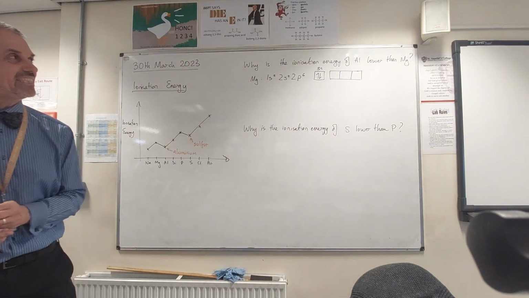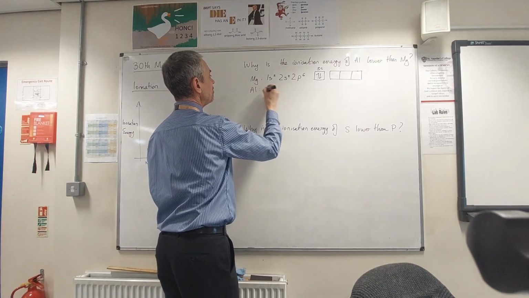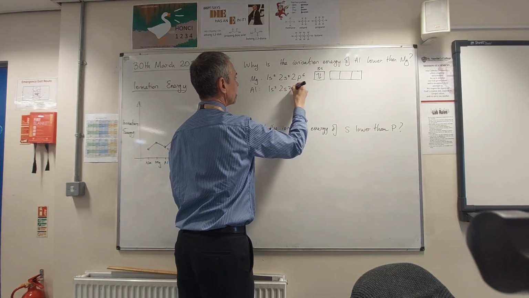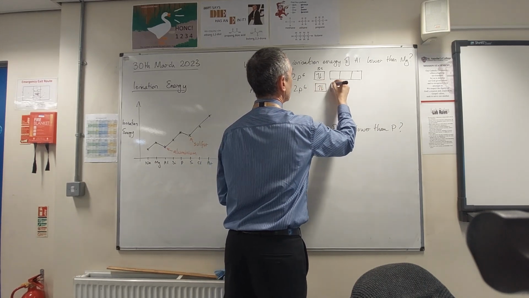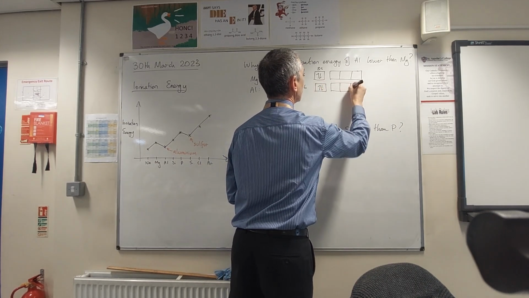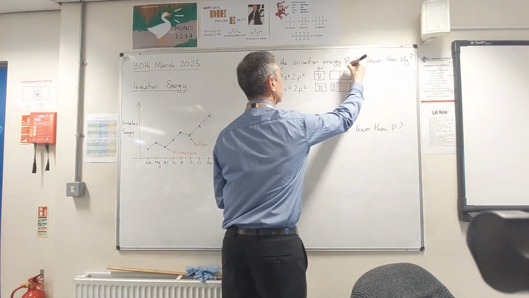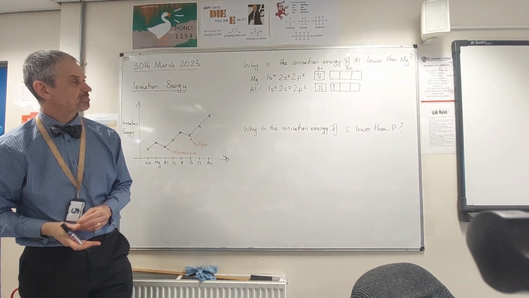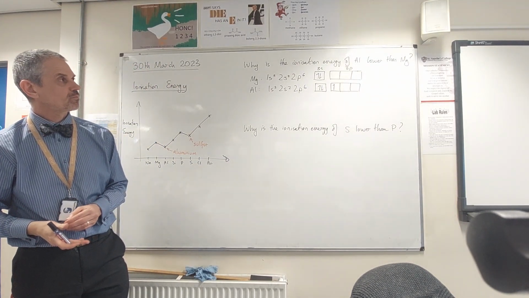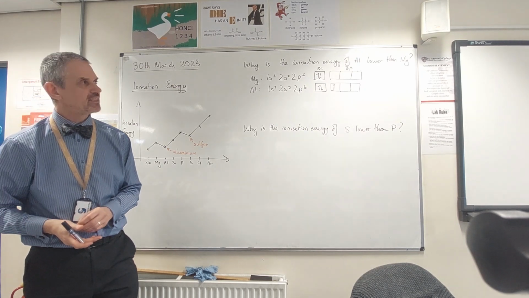For magnesium, we've filled the 3s, and then for aluminium, we've got all the same electrons in the base there, but then we've got one electron in the 3p. So why does that make a difference?